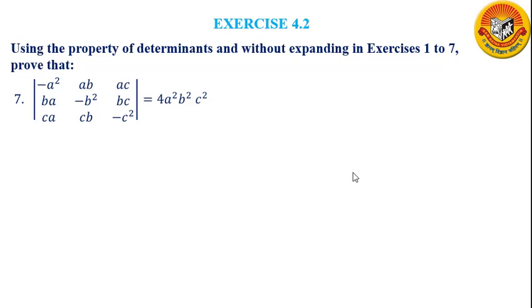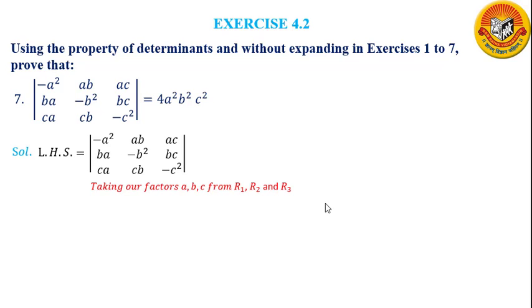Now again in this problem, the right hand side is not 0. So forget about property number 3. Now one more thing, that we want 4 here. So let us start.